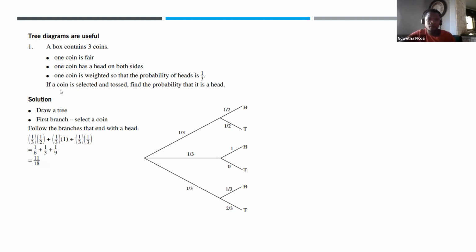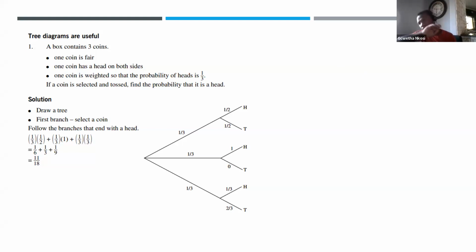So this is how you draw up your tree diagram. Now, if a coin is selected and tossed, find the probability that it is a head. Now, how are we going to determine that it is a head? They've already told us a hint that it should be a head. So in my branches, I have to go along the branches of heads.